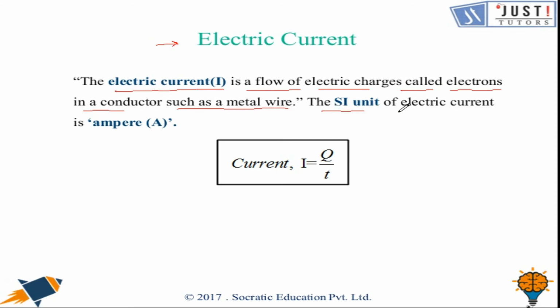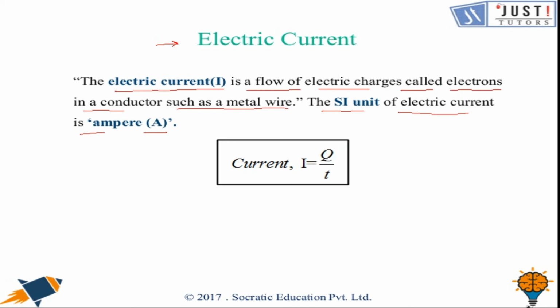The SI unit of electric current is ampere, denoted by capital A. The magnitude of this electric current is the amount of electric charge passing through a given point of a conductor in 1 second. If a charge q coulombs flows through a conductor in time t seconds, then the magnitude I of the electric current flowing through is given by the following formula, that is I is equal to q over t.